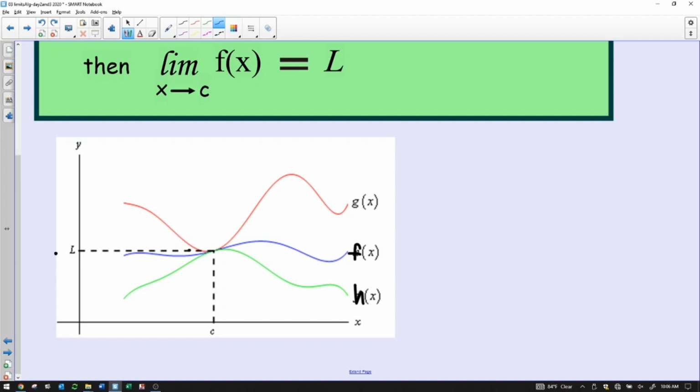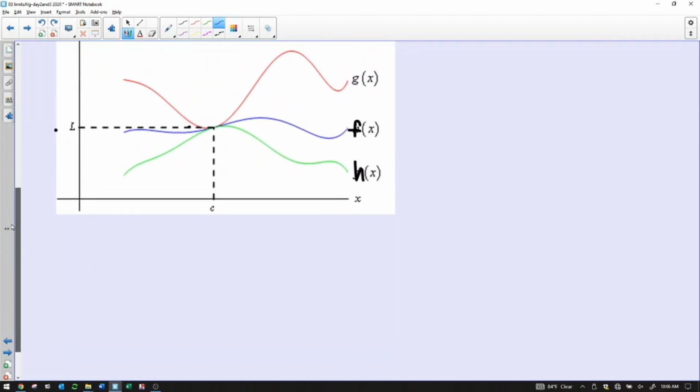If you found an x value, we'll call it c, could be 3, could be 5. At some x value, for all of them, it has to be the same x value. And if you found the limit of g at that x value, and you found the limit of h at that x value, you found the limits of the upper and lower functions, and that answer is L, that answer is the same, say it's 5, then what that means is the limit at c of this f of x is also 5.